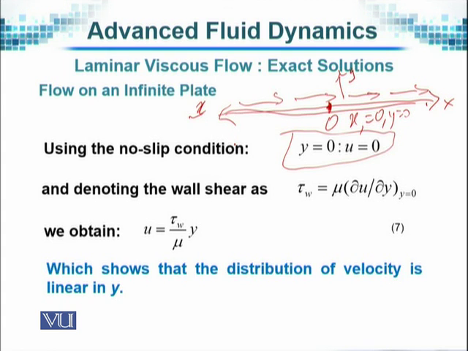Meaning, because of viscosity, the fluid sticks to the wall, the plate that is infinite in nature, and since it sticks to the wall because of viscosity, there is no horizontal or vertical motion right at the boundary. As we go away from the plate, there will be some motion, but close to it, right on the surface, there is nothing.